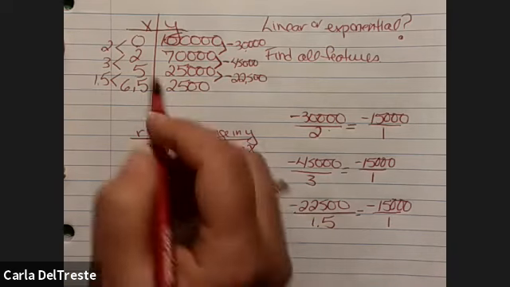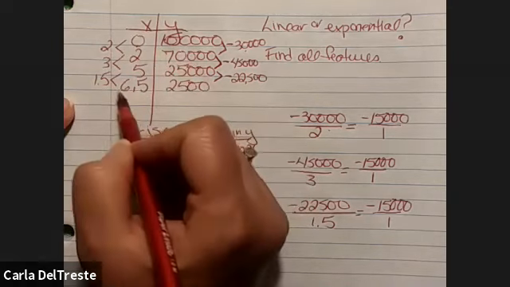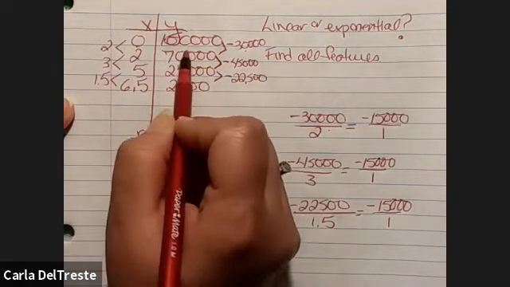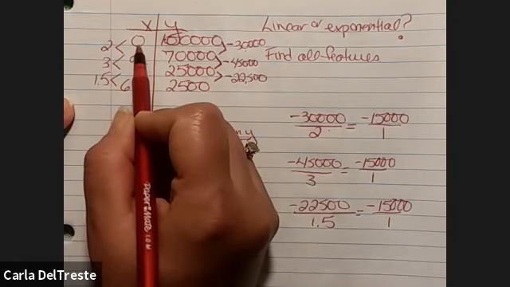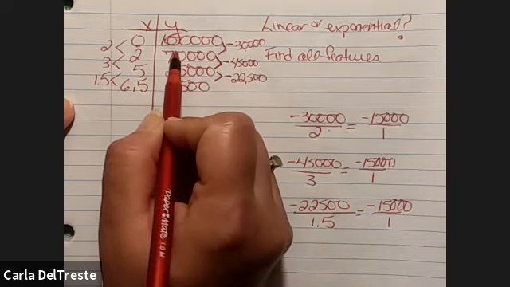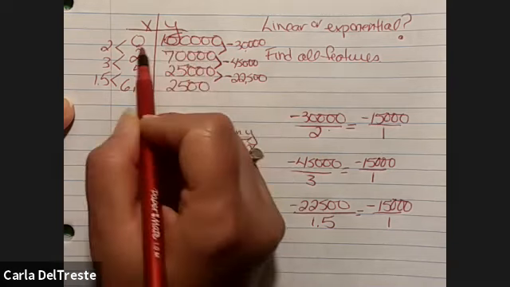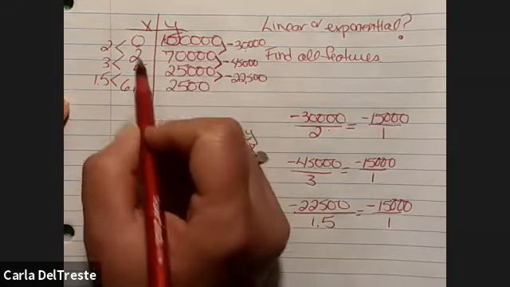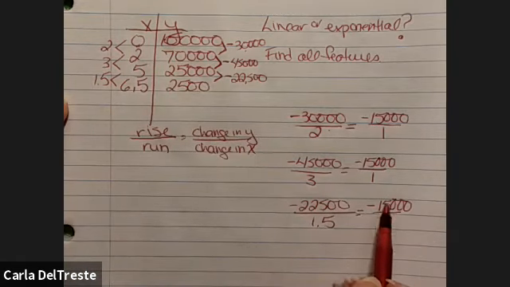That tells me that I could, if I really wanted to, go back in here and fill in the missing values because I don't know what happens when x equals 1. When x is 1, this is supposed to lower by 15,000. So I can fill in the gap, be 85,000. And I can fill in all those other points that are skipped over here because now I can see that it really is the same pattern.